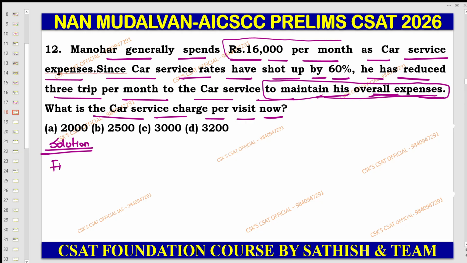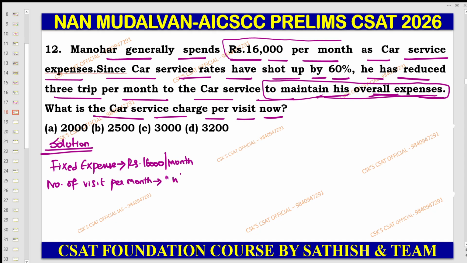Now here, let's keep a fixed expense, which is nothing but rupees 16,000 per month. You don't know the number of visits per month, so take the number of visits per month as n. What is the charge per visit?